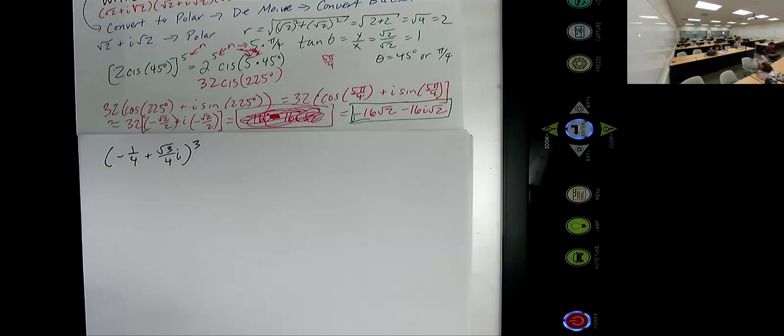Like we did in the last one, I got 1 minus i squared, 3/4. That's the final answer after you cube it. I just didn't cube it. That would help. So I ran cosine back to the same version you already had. There's a Jedi master right there.